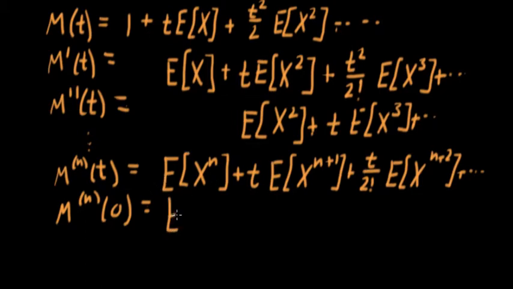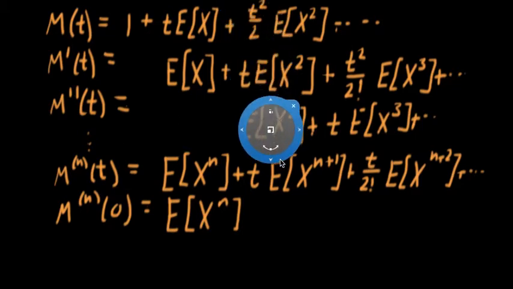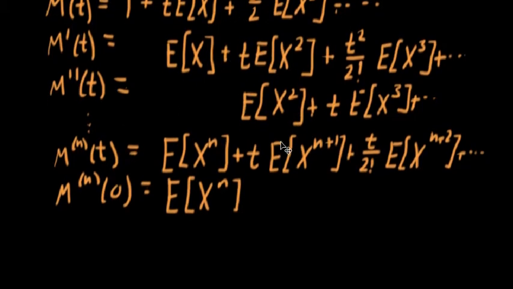So the nth derivative of our moment generating function evaluated at 0 is just the nth moment, as we wanted to show. And this works as long as your random variable actually has a moment generating function.